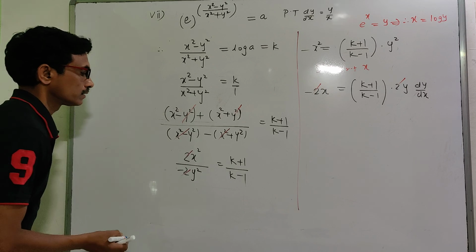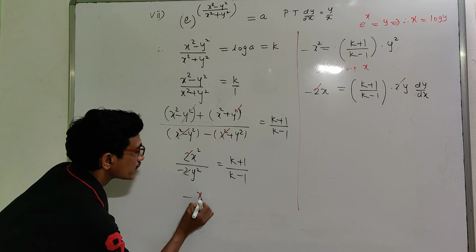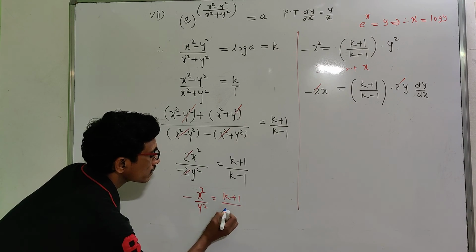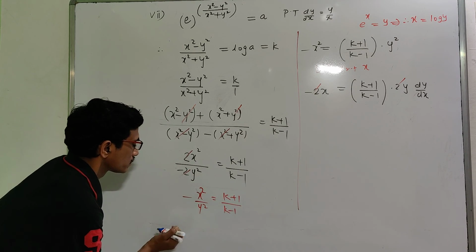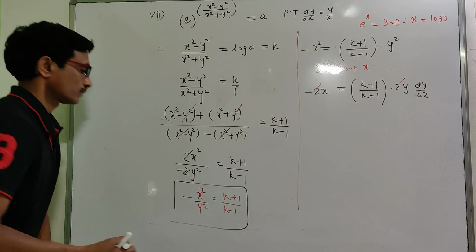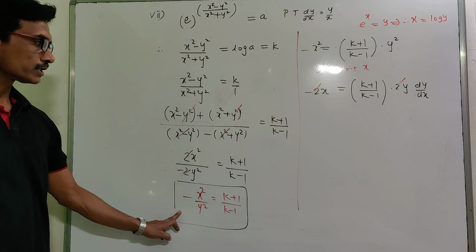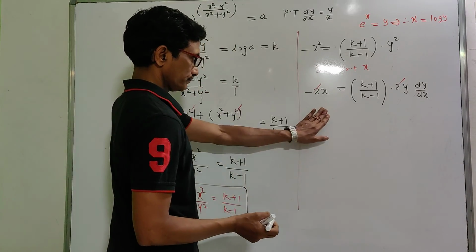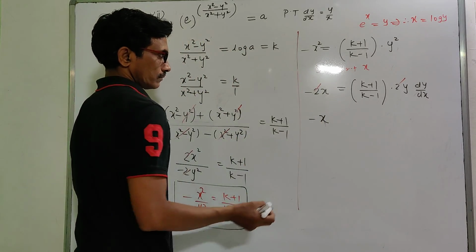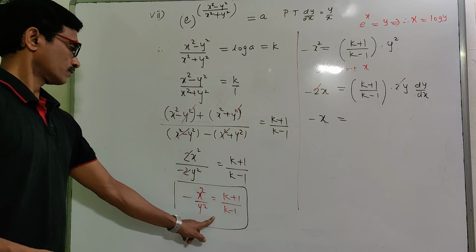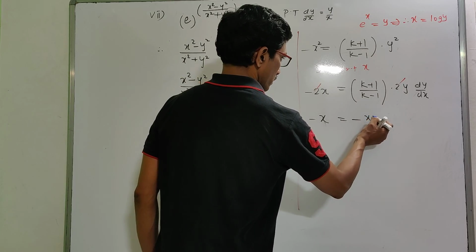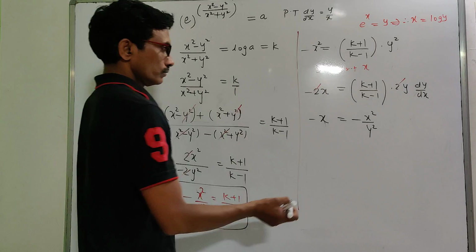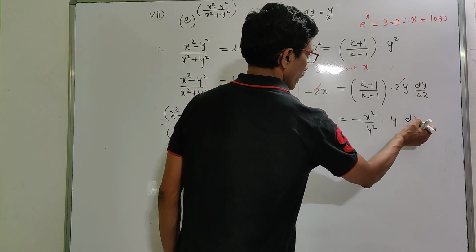And here we have minus x square upon y square is equal to k plus 1 upon k minus 1, which we can replace in place of k plus 1 upon k minus 1 by minus x square upon y square, into y into dy by dx.